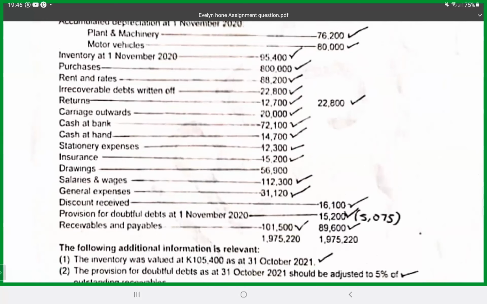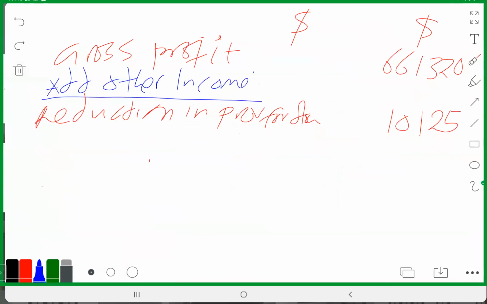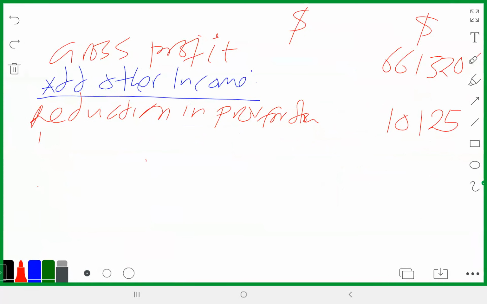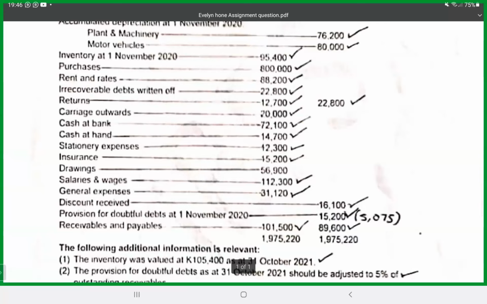Discount received is an other income. Let me check. 16,100. Okay.